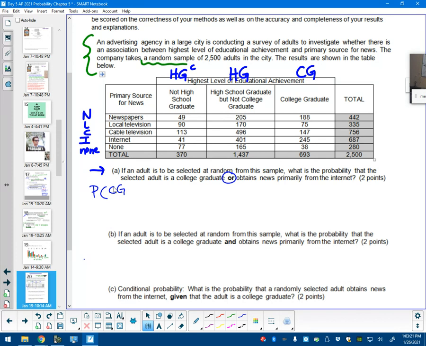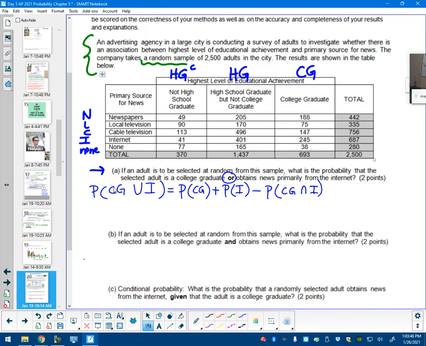The U. Yep, the symbol for or is union. And or internet, and I, equals the probability of CG, college graduates, plus the probability of internet. Oh yeah, minus A and B. Yep, minus the probability of CG and I.